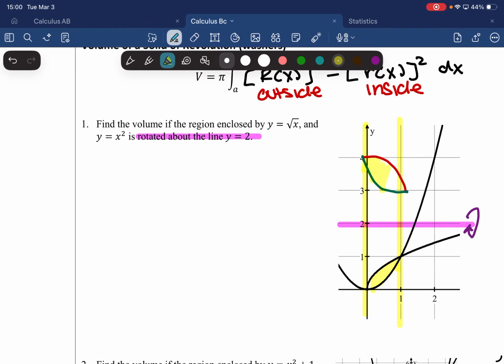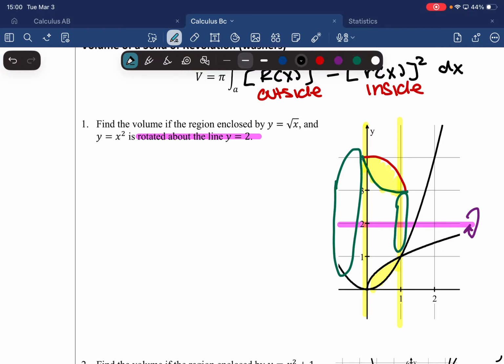So now I have both of these areas, and if I was to take both of these areas and rotate it around y is equal to 2, it's going to again form that washer style where we have a smaller circle and a larger circle. Of course, drawn a little better than what I did, but you guys get the idea.